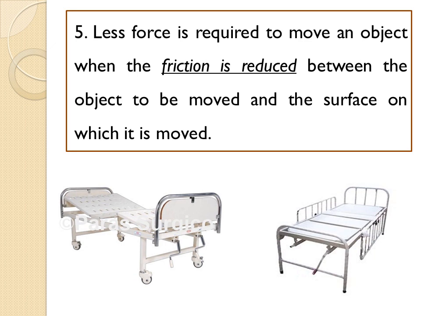On the left side the bed is with a wheel, whereas on the right side the bed is without any wheel. So you have understood now that the bed which is having a wheel is easy to move because it will have less friction, whereas the bed without a wheel will have difficulty in moving because it will cause friction.